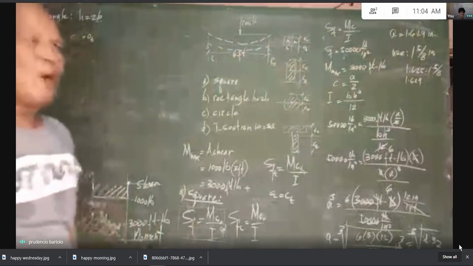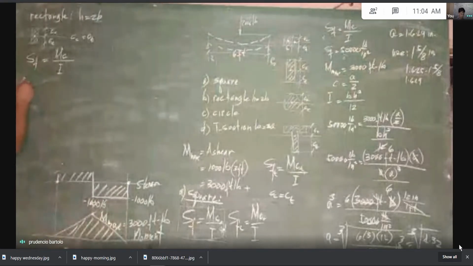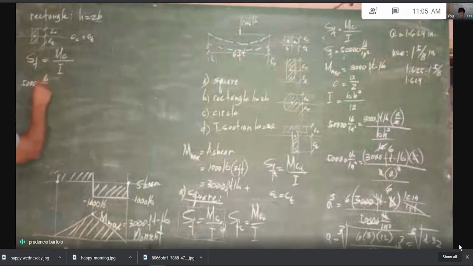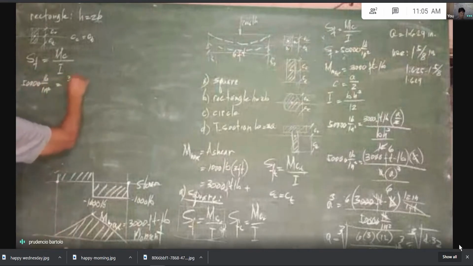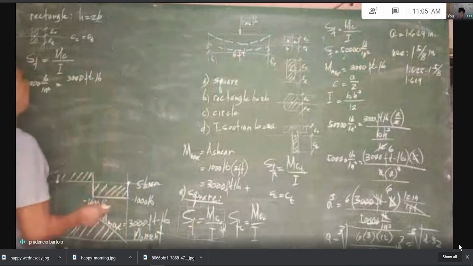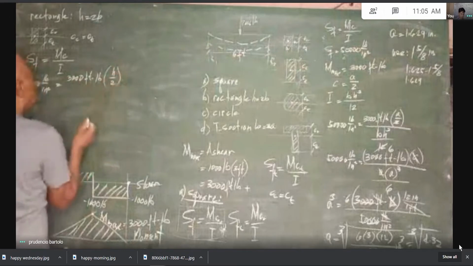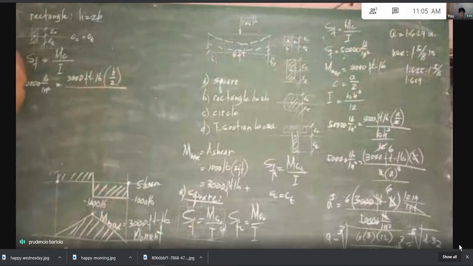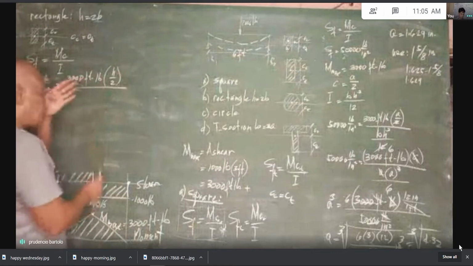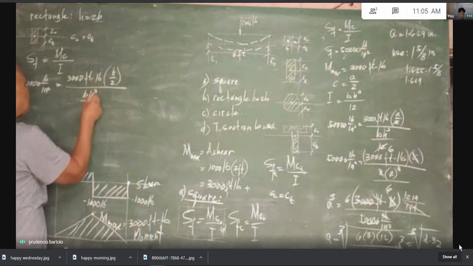So substituting all values in here, that is SF is equal to 50,000 pounds per inch squared, equal now to the maximum moment of 3,000 foot-pounds multiplied by C. C is X over 2, the altitude, over the moment of inertia, which is equal to Bh cubed over 12.